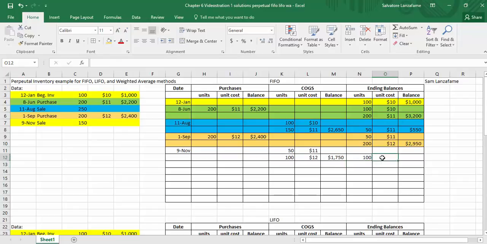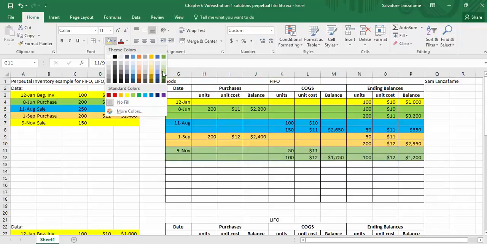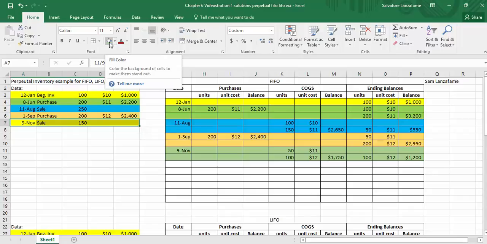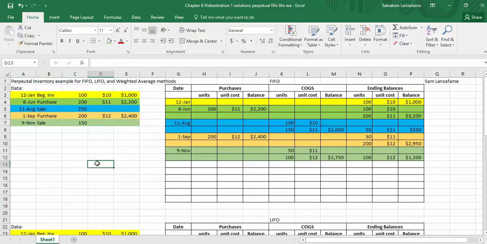And these are recorded at 12 bucks a piece. And that's going to give me 100 times $12. It's going to give me $1,200. And that's our final answer. So under FIFO, we have determined that the value of the ending inventory is 1,200 bucks.